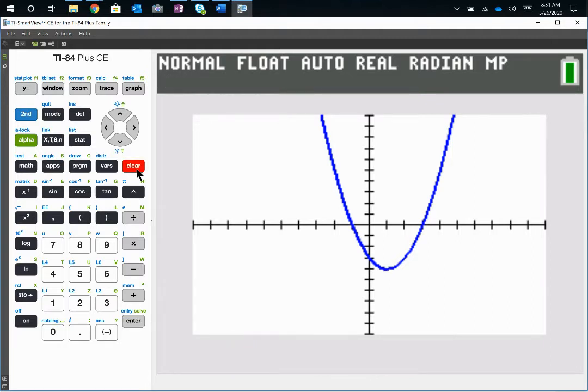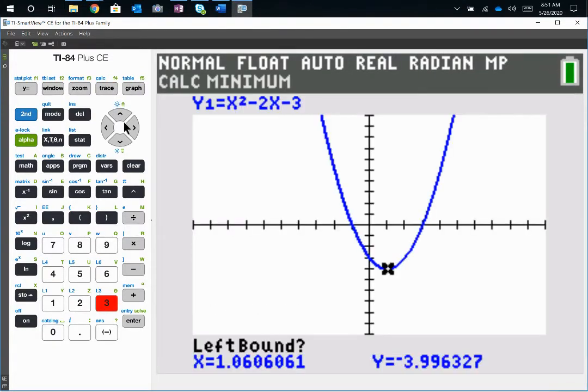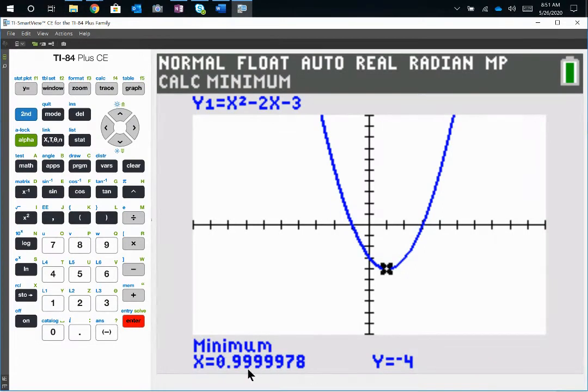So let's do it one more time. Second, calculate minimum. I'll go slightly to the left and then slightly to the right and press enter. And now it's given me 1 and negative 4 again. So be careful.